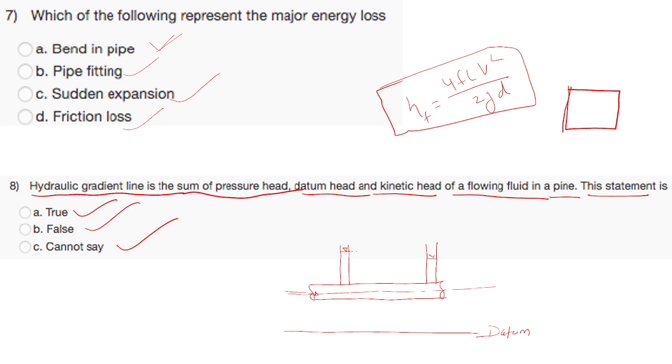Suppose here, and this is your datum at that point, Z1, here Z2, this is height. We assume that this height is y2 and this height is y1.